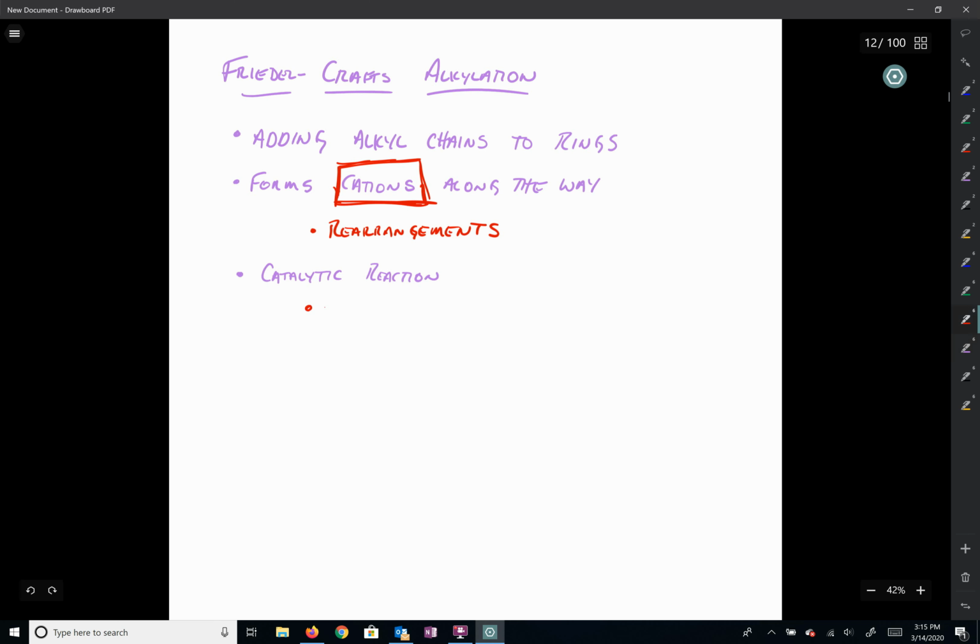And so here we are going to be using a Lewis acid again. I know I've made this point before in the other videos: an acid, whether it's Bronsted or Lewis, is typically always going to be used at the start of a reaction mechanism. And that's going to be the same here.